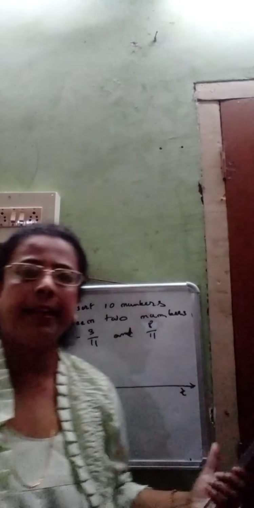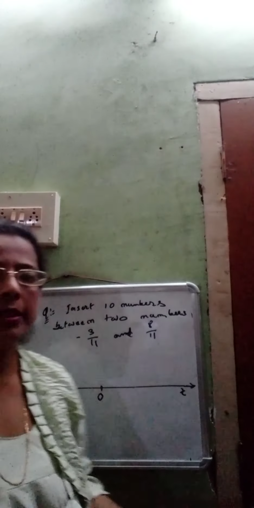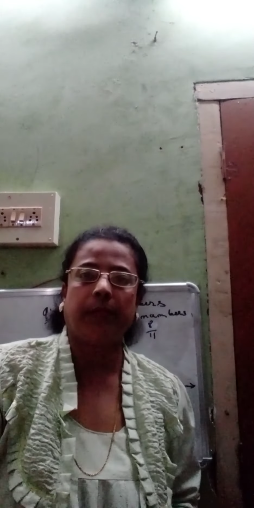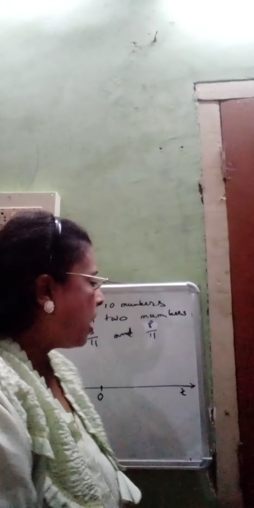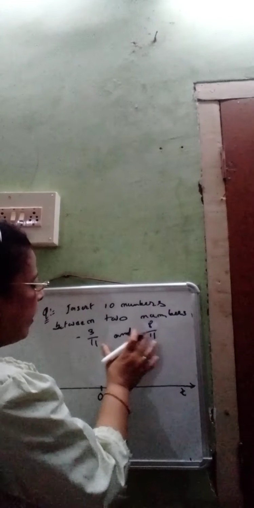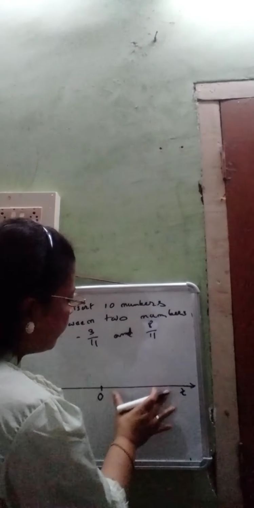The right hand side of the 0 describes the positive side, and the left hand side of the 0 describes the negative side of the integers.